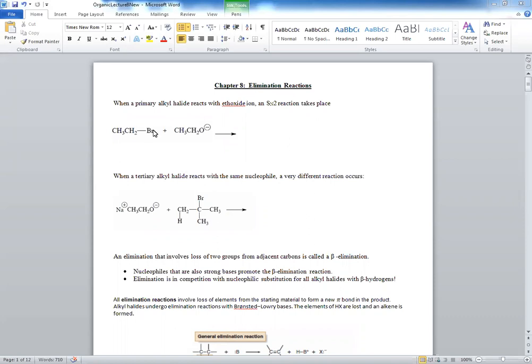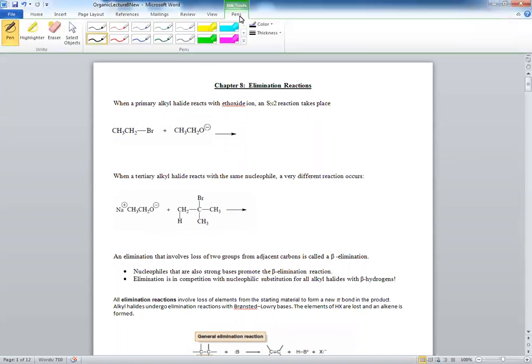But let's begin by looking at an example of an SN2 reaction. So if you had your alkyl halide right here, that would be a primary alkyl halide. And of course, you have your nucleophile.